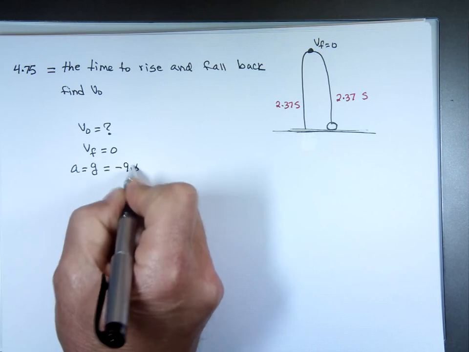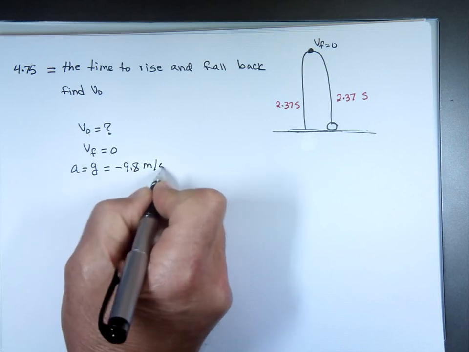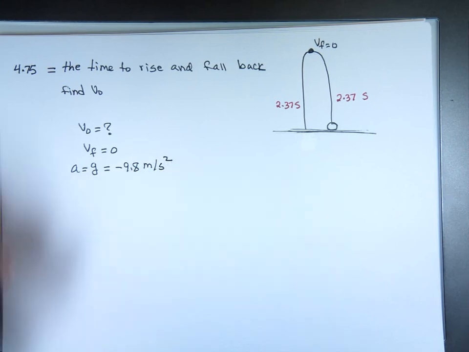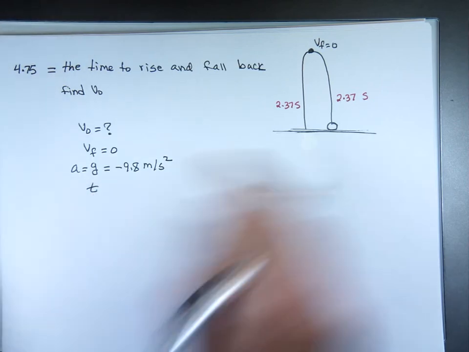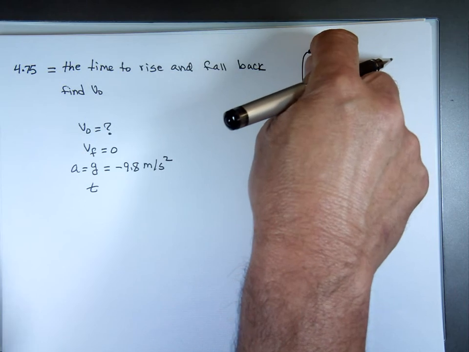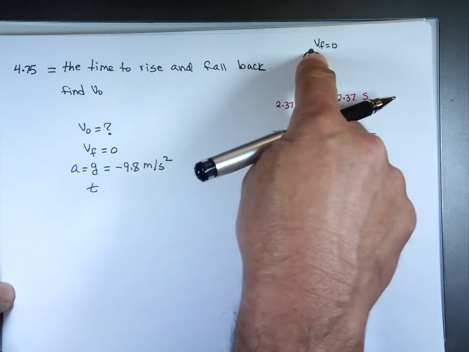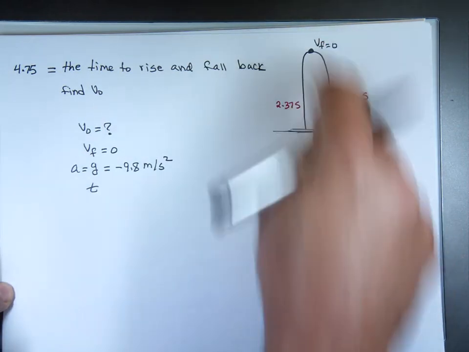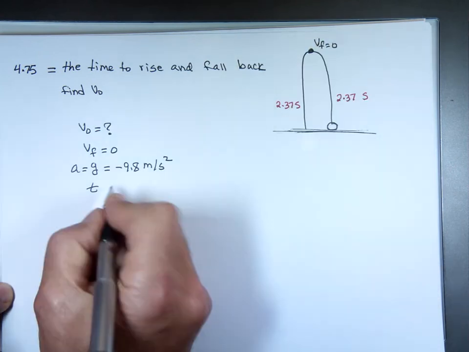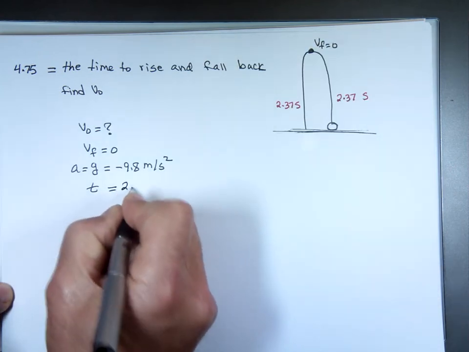If you want to use 9.81, that's fine. We know the time it took to go from here to the top. Since I'm talking about the final velocity being 0, I'm talking about just that travel from here to there. That time is what? 2.37.